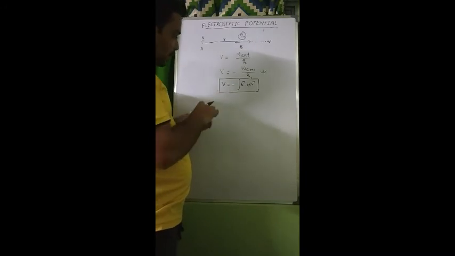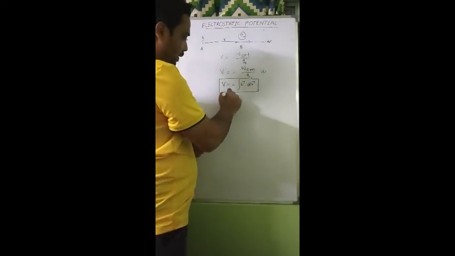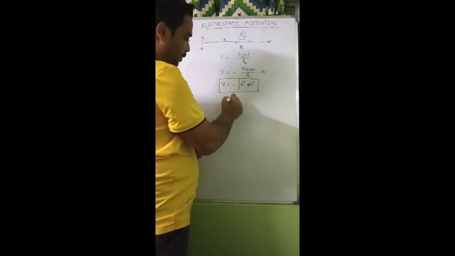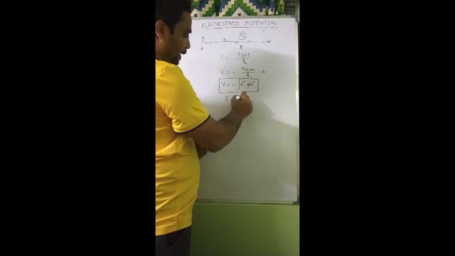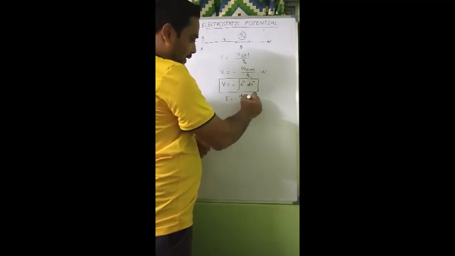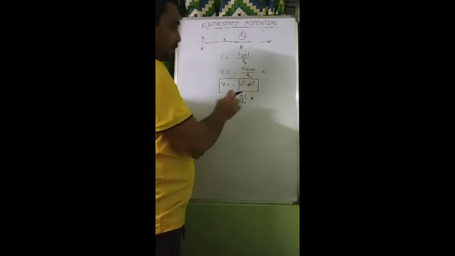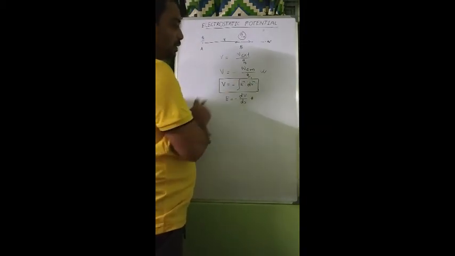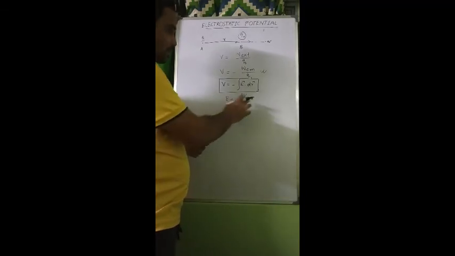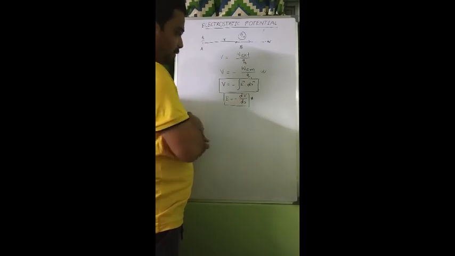In the opposite way we can also write, in scalar form, E equals minus dV by dr. This formula is valid only if the angle between E and dr is 0 degrees. So that is one limitation, but one general expression we can write in this way.